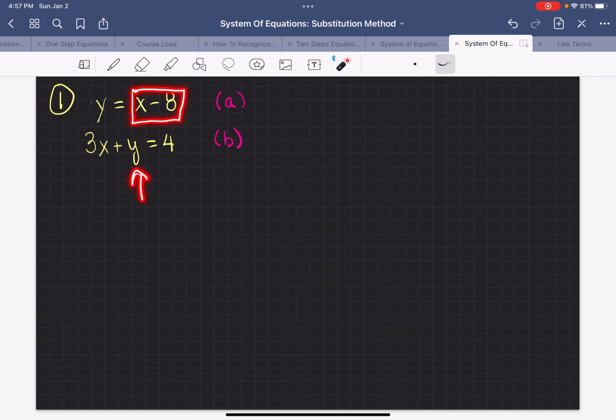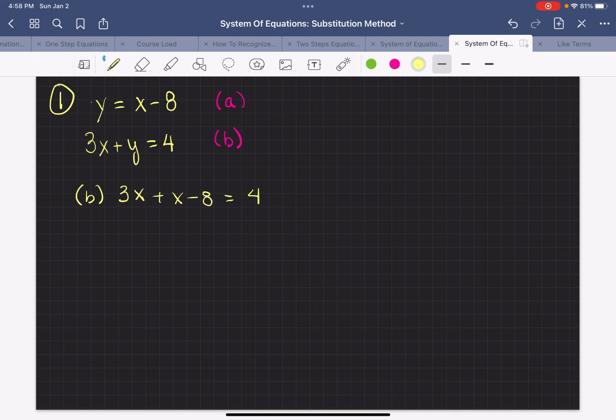Instead of writing y, we're going to write x minus 8 on the second equation. So my second equation B is 3x plus y, but as I said, y is x minus 8. So I'm going to write that plus x minus 8, and that is equal to 4.